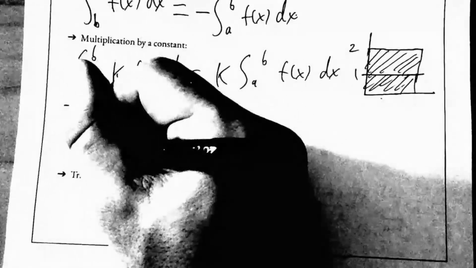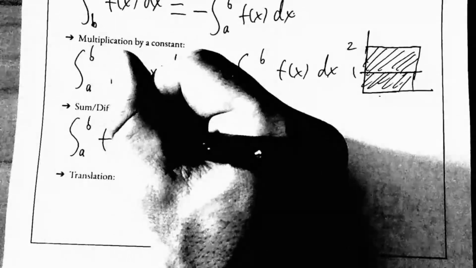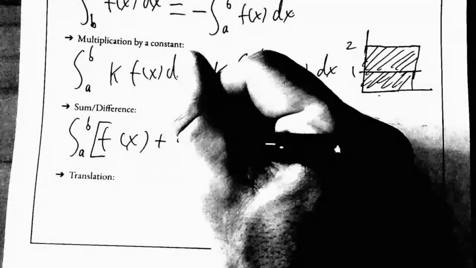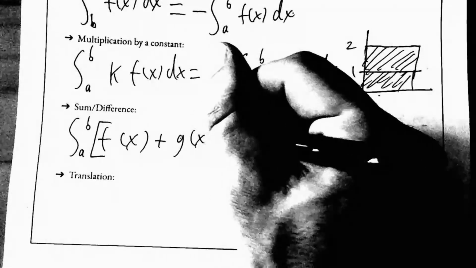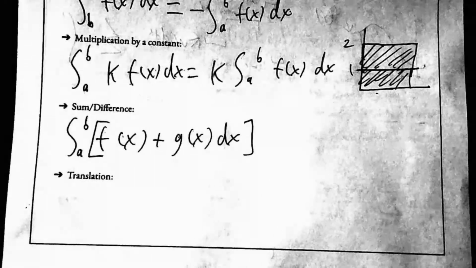Sum and difference. This is if you have two different functions, f of x and g of x, and you're trying to find the integral of both of them, we can separate them out.